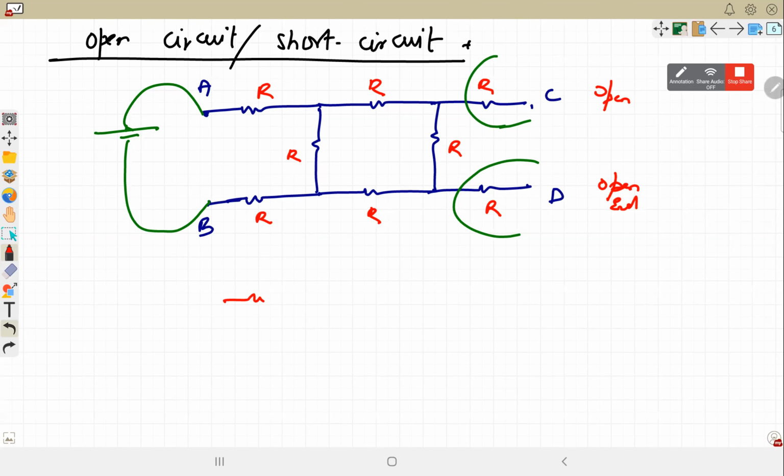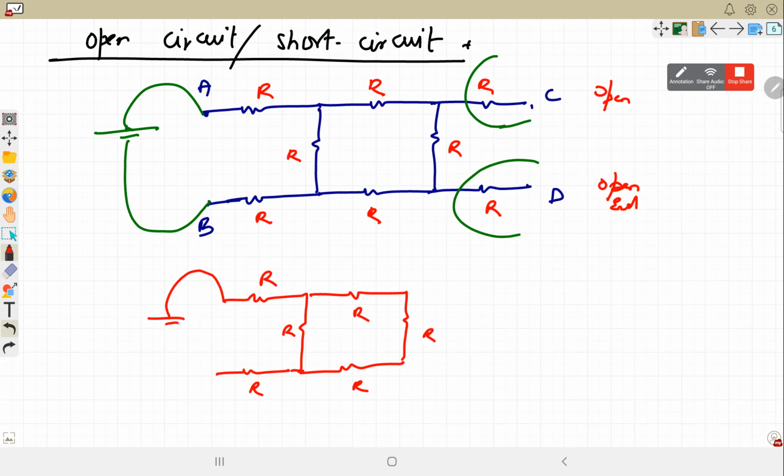इसमें क्या होगा? ऊपर वाले ये दोनों हट जाएंगे R R. This will give you overall circuit.